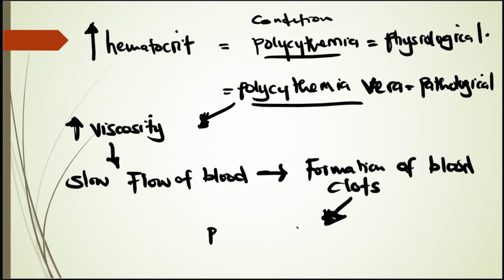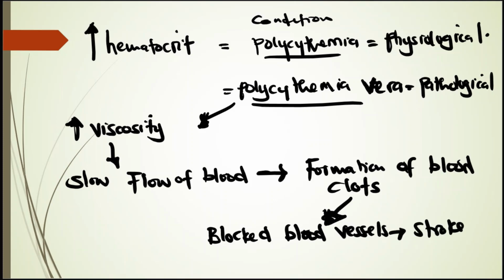There's going to be blocked blood vessels. If your blood vessels are blocked, then you can develop a stroke if it's in the brain, you can develop a heart attack, which is simply a coronary heart disease in your heart, or you can develop what we call a pulmonary embolism in your lungs. So polycythemia vera is very, very dangerous.